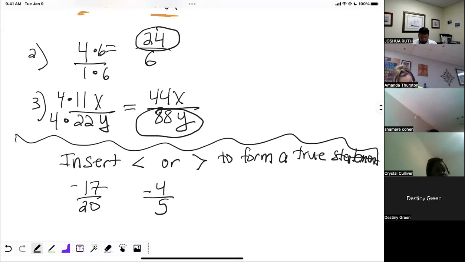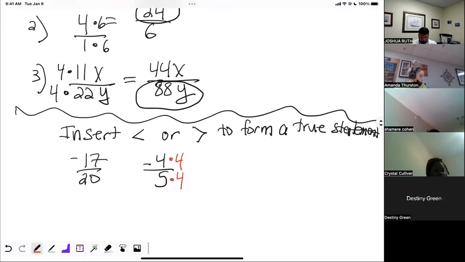So in the middle, we want to determine which one's bigger, which one's smaller. How can we do that? We can get the denominators the same. Notice they're not the same denominator. So I have 20, I have 5. I know I can multiply by 4 to get 20, which means I multiply by 4 in my numerator.